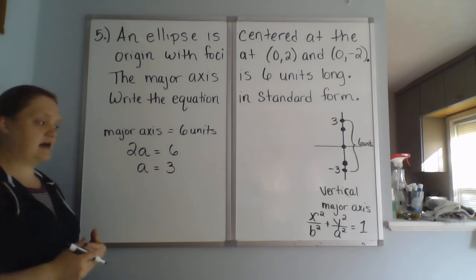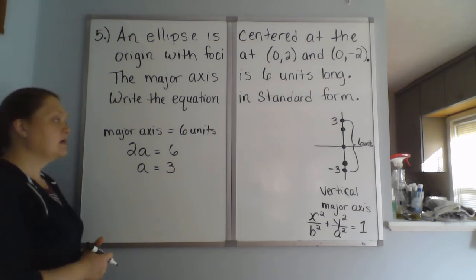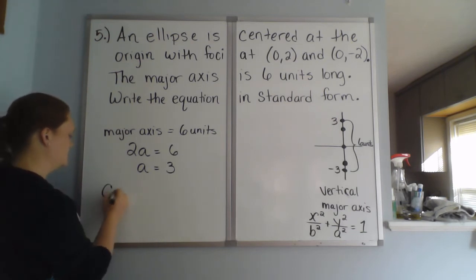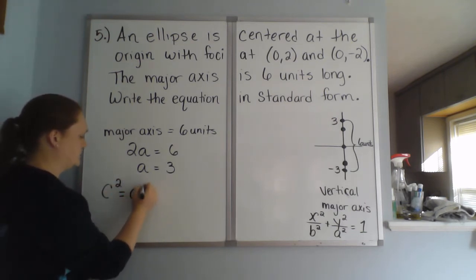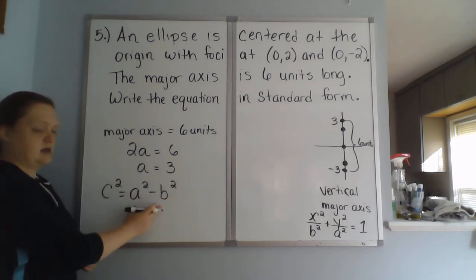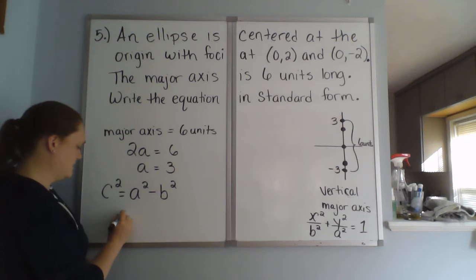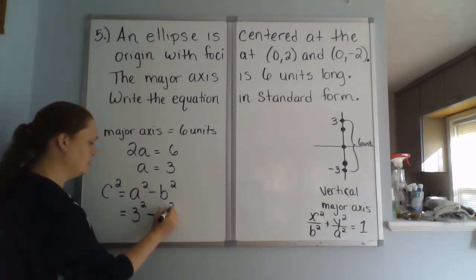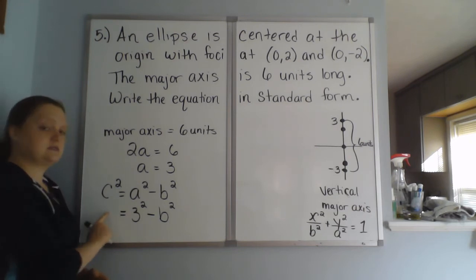We need to know the value of b. The piece of information that we have is that c squared is equal to a squared minus b squared. If we know a and c, we can easily find b. And we do know a, that's 3. The question is, what's c?